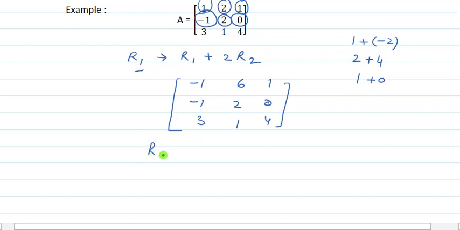So let me take R2 implies R2 plus, or let me take minus 3 R3. So here I need to change row 2 by adding minus 3 times R3.